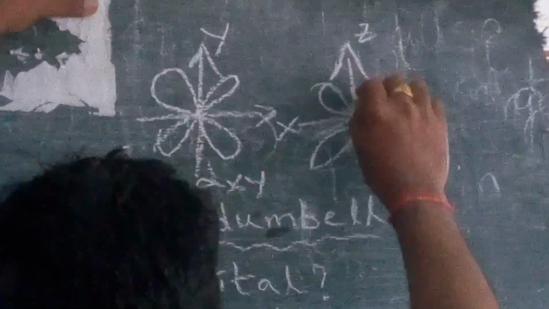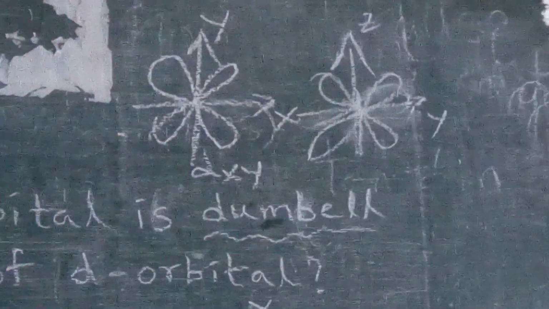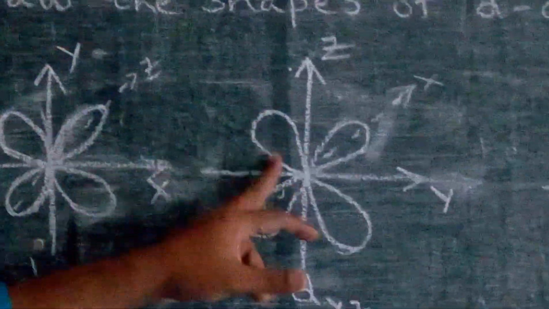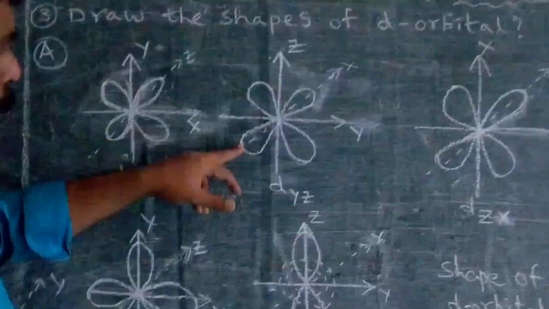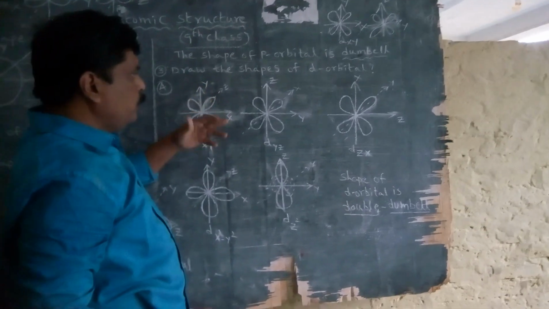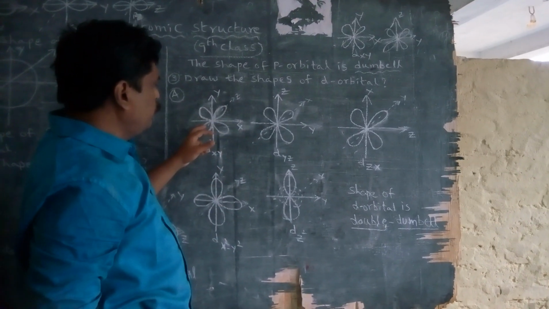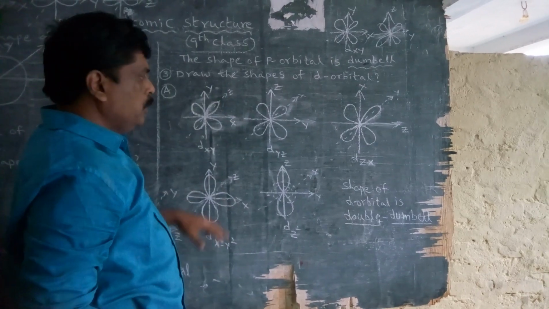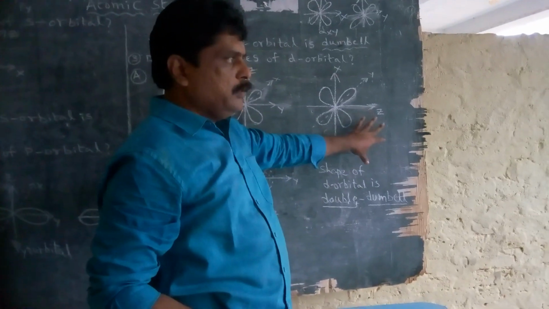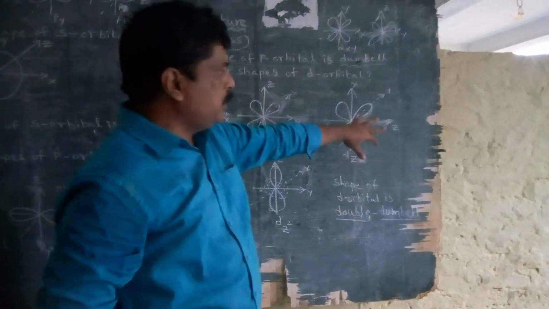If you draw two dumbbells between the axes, it is called dyz. Here x and y are there and no z-axis, so we put the z-axis as a dotted line. So dxy, dyz and dzx, these three diagrams are the same, but the axes are different.